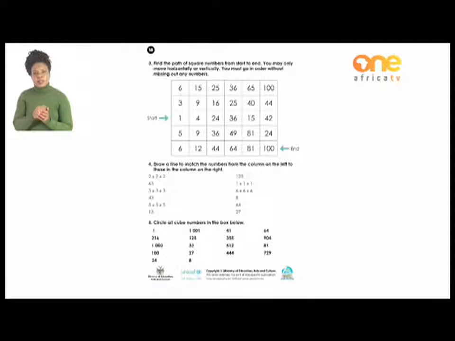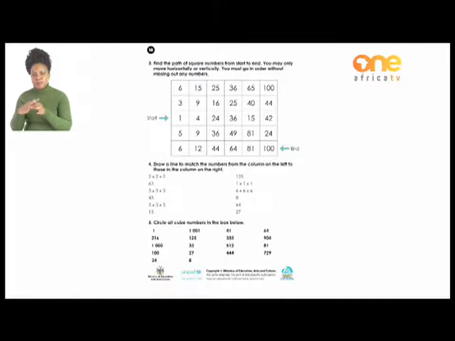The second one, if you have 6 cubed, what could be the answer? 3 times 3 times 3. We have 4 cubed, we have 5 times 5 times 5, and 1 cubed. So match the correct numbers which are corresponding.